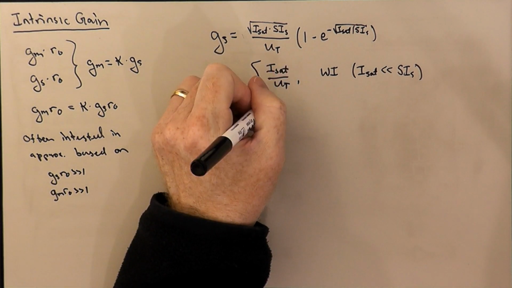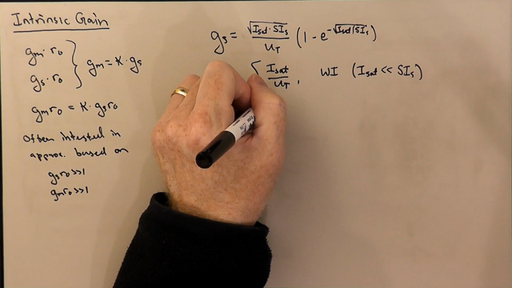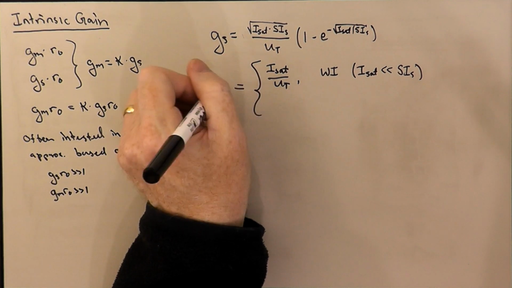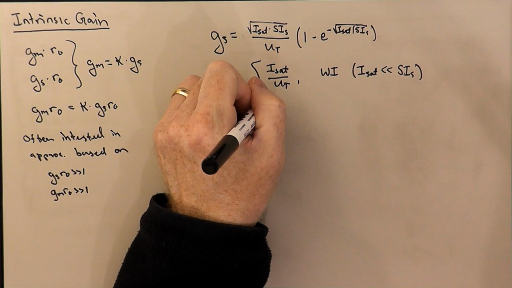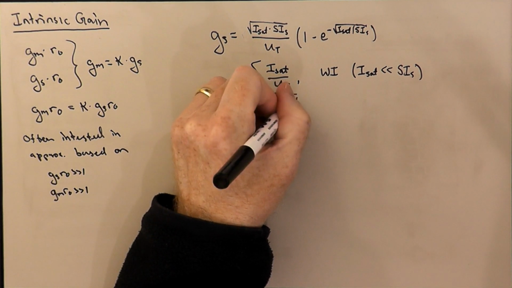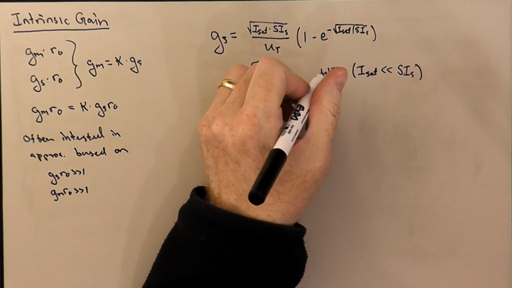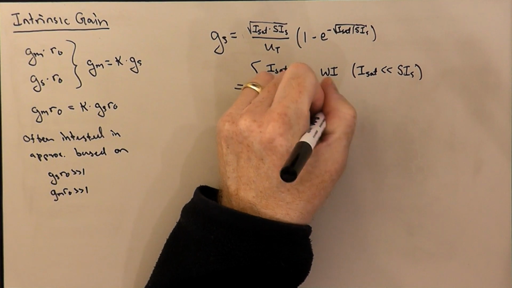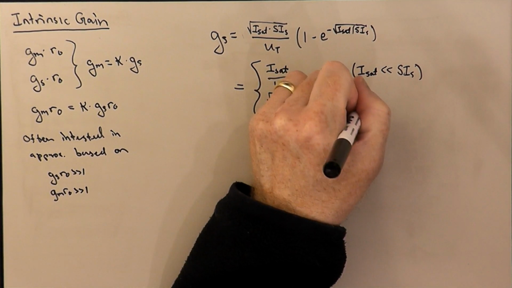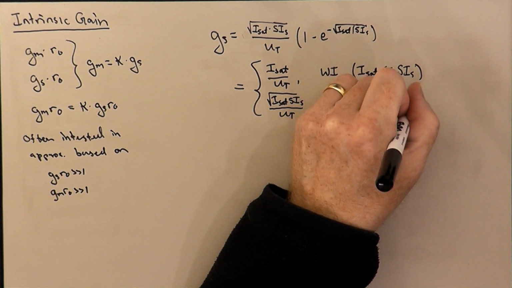And in strong inversion, what we get is that the transconductance gain, or the incremental source conductance, goes like the square root of I sat times IS over UT. And this is in strong inversion for I sat, let's say more than an order of magnitude bigger than IS.